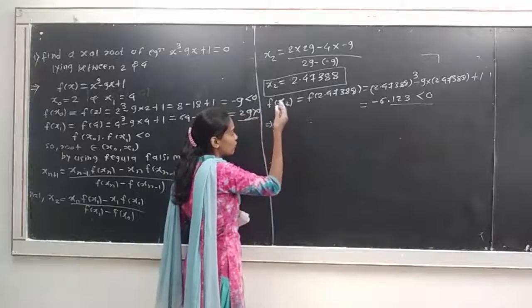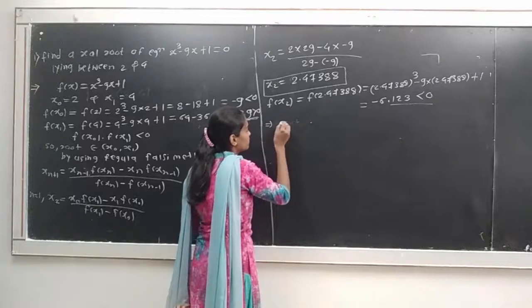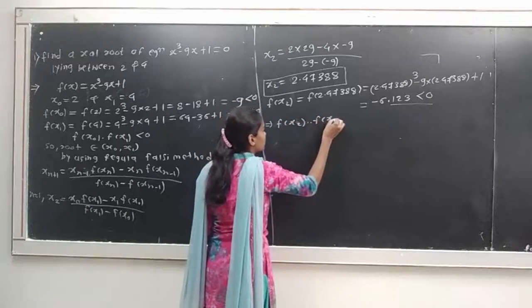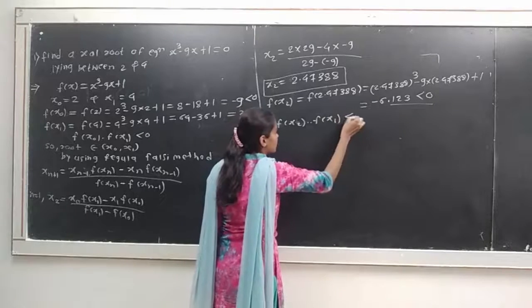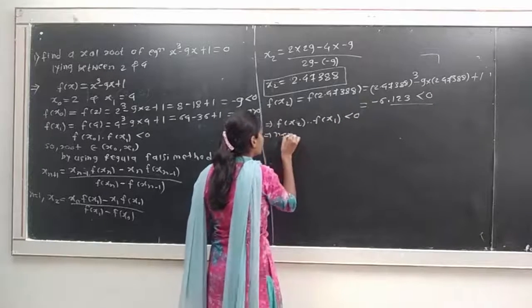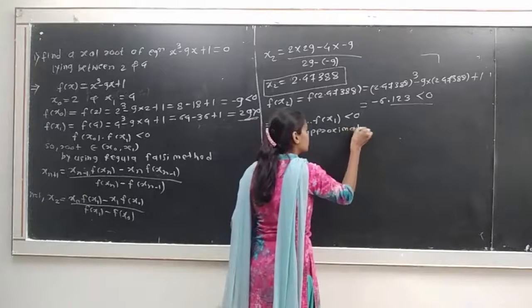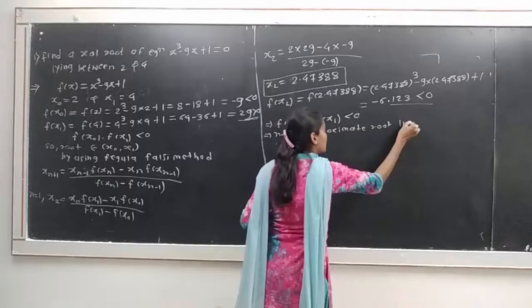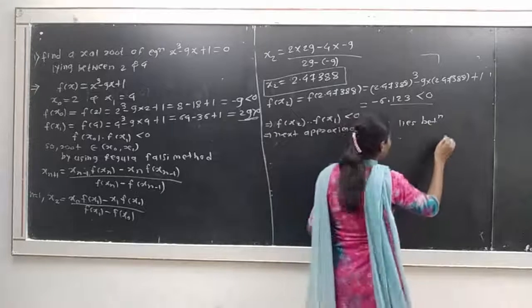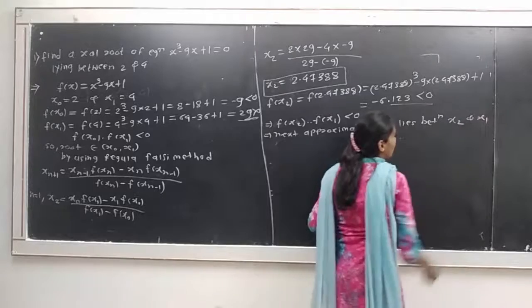Therefore we write here f of x2 into f of x1 is less than 0. Therefore the next approximate root lies between interval x2 and x1.